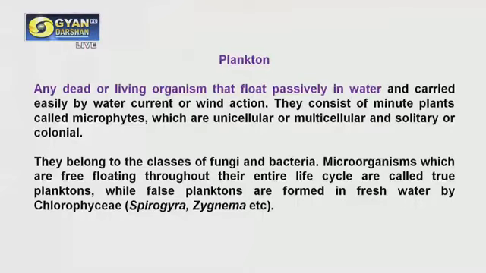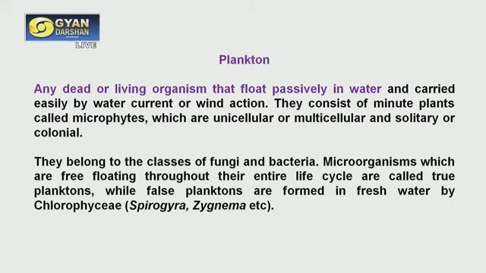Now, before we close this discussion of hydrophytes, there are two more kinds of hydrophytes: plankton and pleuston. Plankton means any dead or living organism that floats passively in water and is carried by water current or wind action. Sometimes they are also called microphytes.